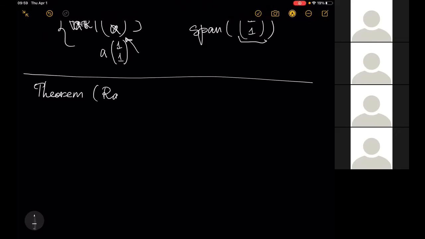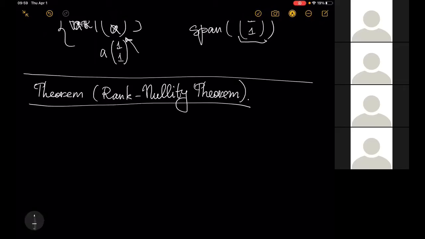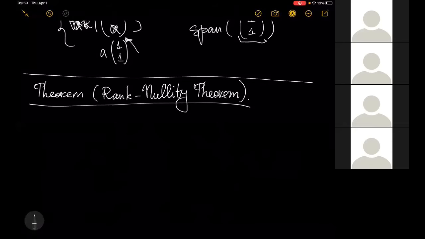It's called the Rank-Nullity Theorem. By the way, some of you used it, if you remember, when I was asking you to find the dimension of the solution of the homogeneous equation.